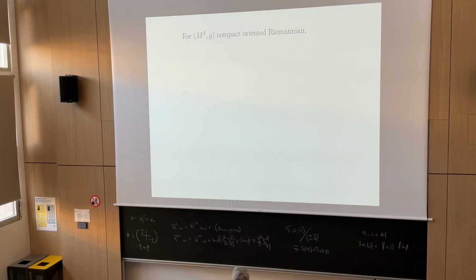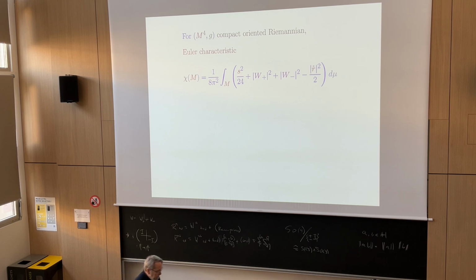All right, so for a compact Riemannian four-manifold, I introduced pieces of the curvature tensor. In any even dimension 2m, there is a homogeneous polynomial in the curvature tensor, which is invariant under the action of the orthogonal group, having the property that its integral is a multiple of the Euler characteristic of the manifold.